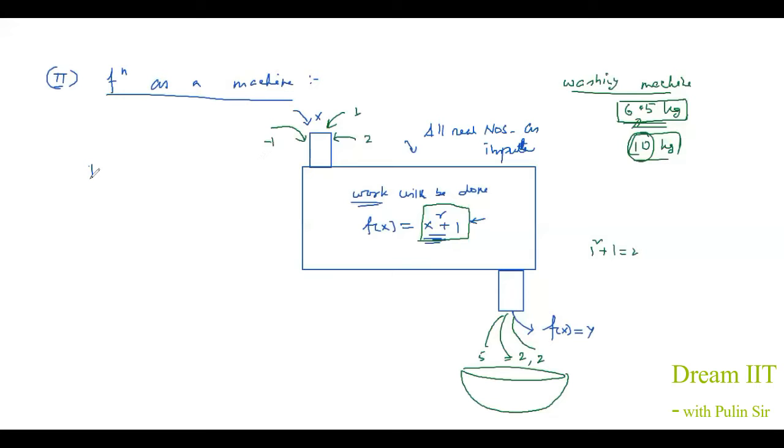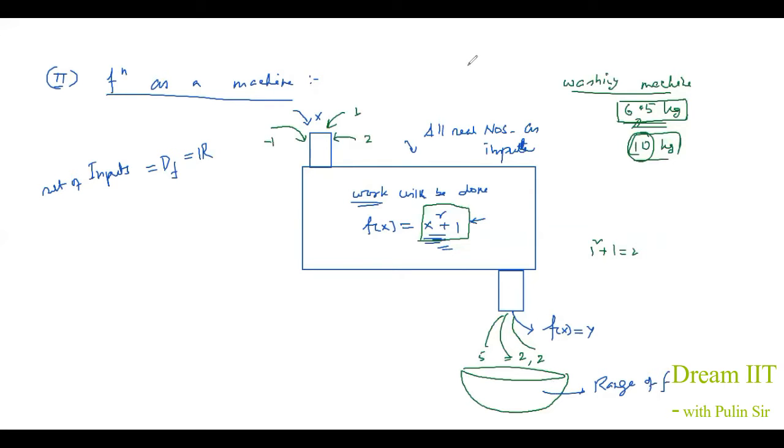These inputs, the set of inputs, means the domain. So as you can give all real numbers as input, your domain for this function will be the real numbers. And whatever you are collecting here is the range of f.